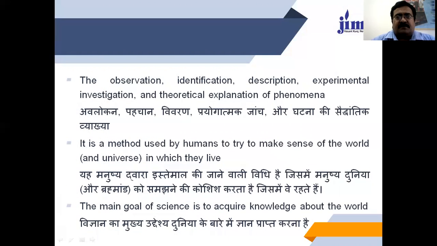The observation, identification, description, experimental investigation, and theoretical explanation of phenomena. It is a method used by humans to try to make sense of the world in which they live. The main goal of science is to acquire knowledge about the world.